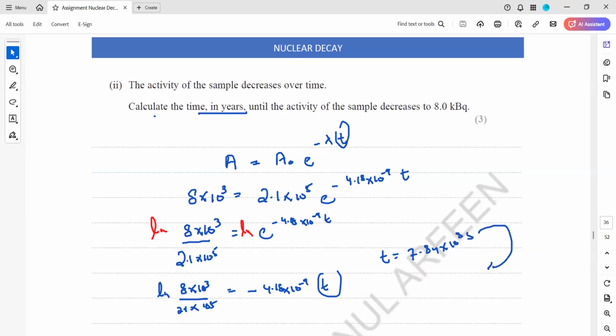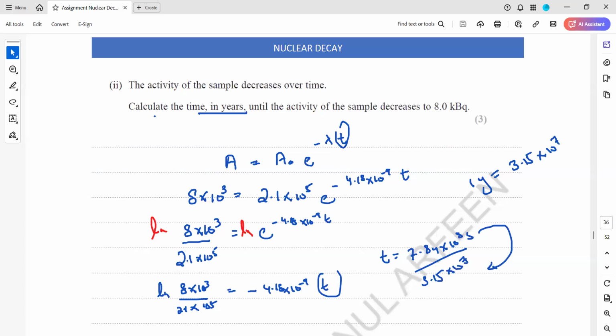The seconds we will convert into years, because you mentioned 1 year in the beginning of the question. They mentioned 1 year is equivalent to 3.15 exponent 7 seconds. So we just divide by 3.15 exponent 7.